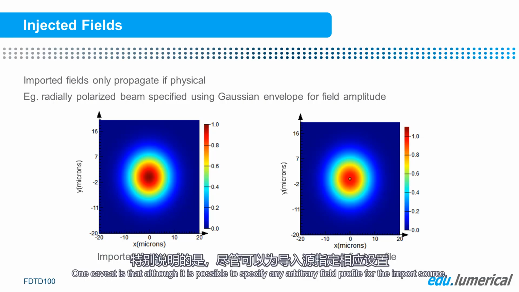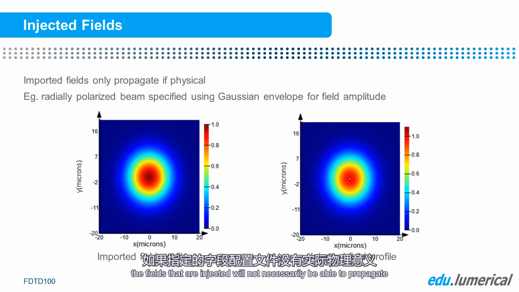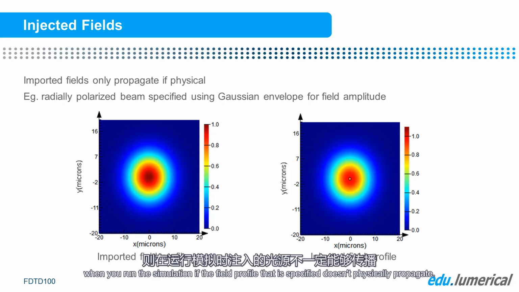One caveat is that although it's possible to specify any arbitrary field profile for the import source, the fields that are injected will not necessarily be able to propagate when you run the simulation if the field profile that's specified doesn't physically propagate.